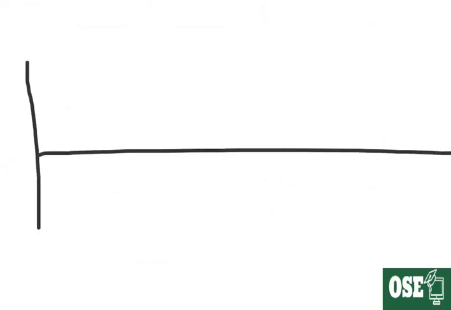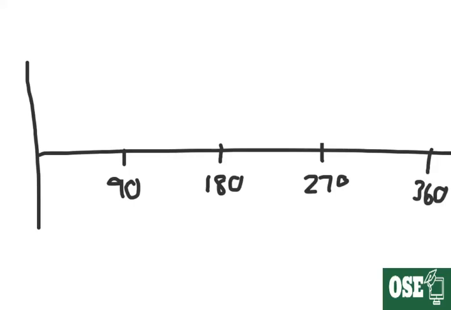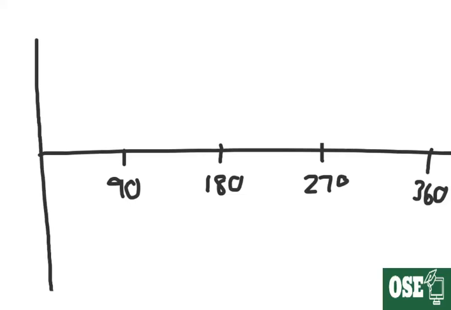So if this was a Cartesian plane, 90, 180, 270, 360. One, two, three. -1.